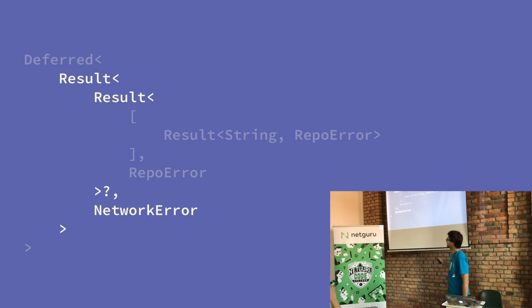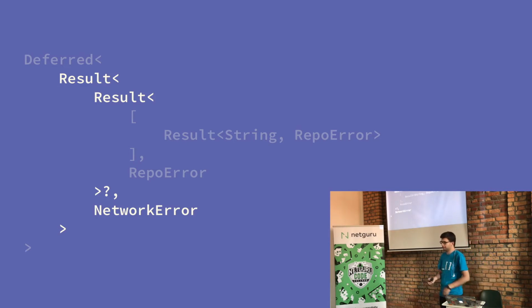Then let's look at those parts, okay? So here is the result. Inside the result, this result is an optional. So the result of an optional of a result and then the network error. And if you remember, we got this optional here only because the Cocoa API is giving us the possibility of both the error and the value being nil. But we can easily think of this situation as an error as well.